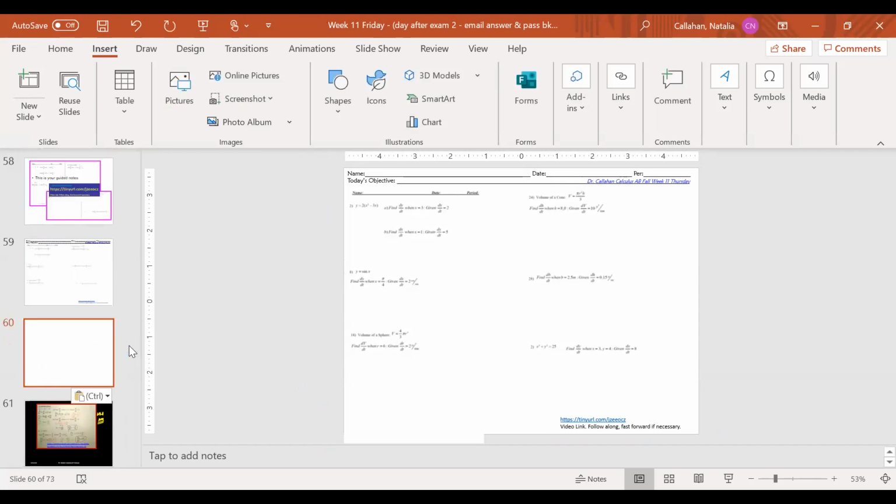I think I'm going to go over one more with you guys. Let's go ahead and attempt to do number 28. For number 28, it is given to you to find dB over dt when b equals 2.5, given that dH over dt is 0.15.